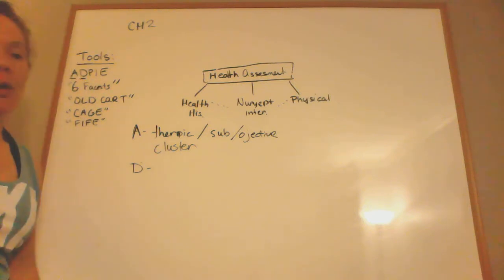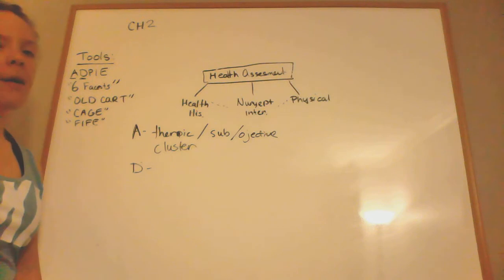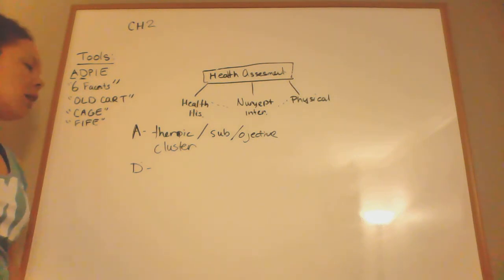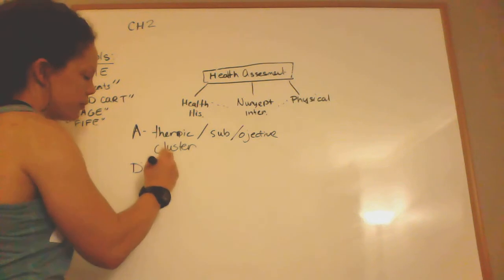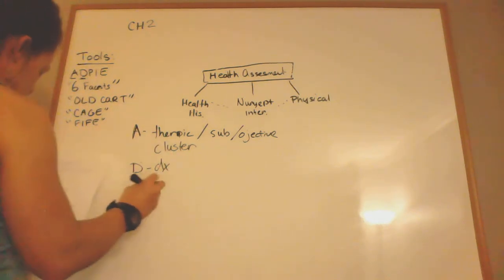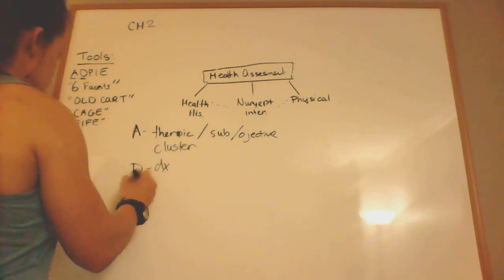Or they're no longer wanting to eat because of depression related to their diagnosis. This is how I'm going to try and fix the anorexia. So, nursing diagnosis. That one's pretty standard, based on assessment.